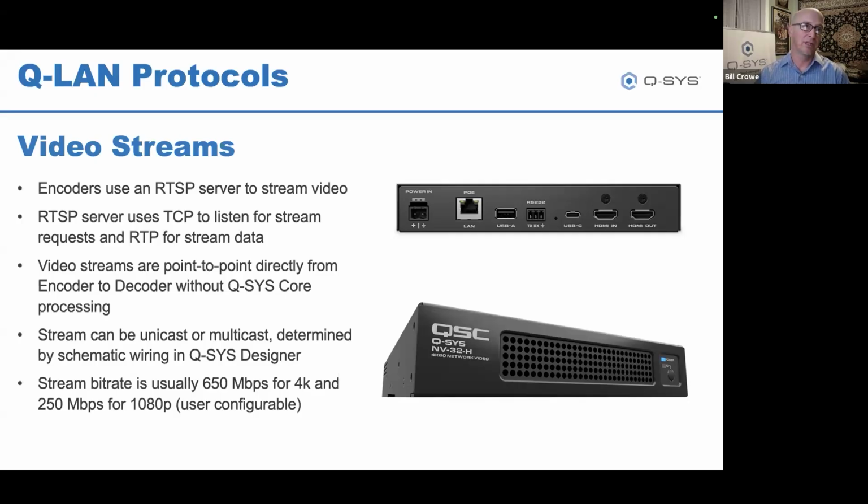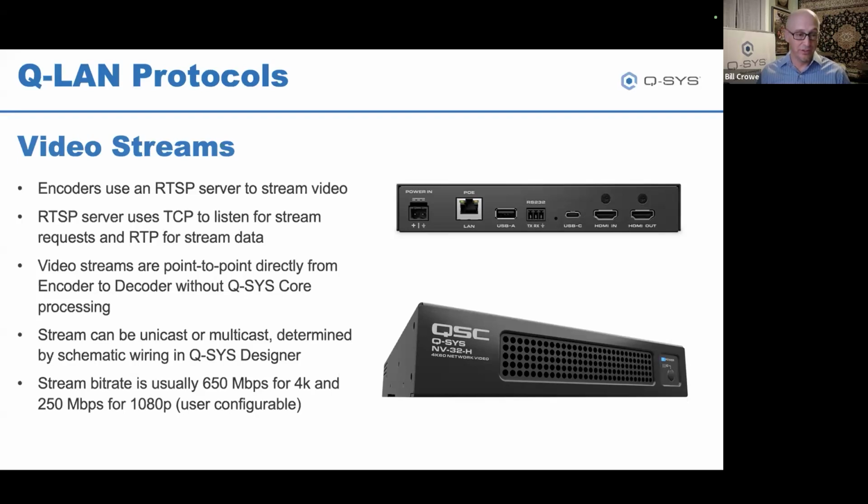Unless you are dealing with an extremely simple or small Q-SYS video design, more than likely these video streams will be multicast. So go ahead and just assume for the most part that on any Q-SYS network that has video on it, those video streams will be multicast.